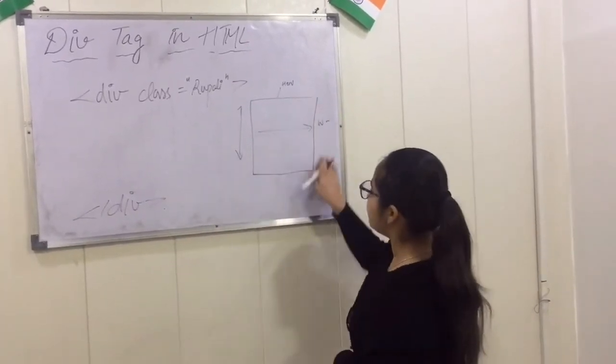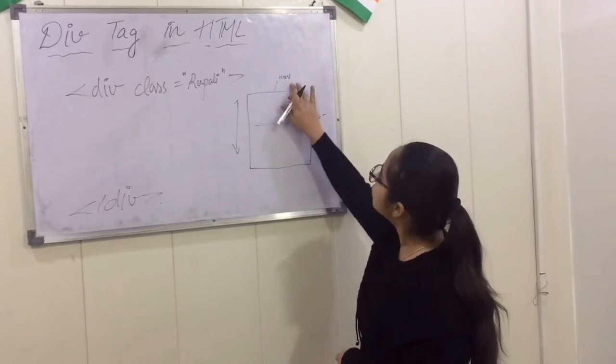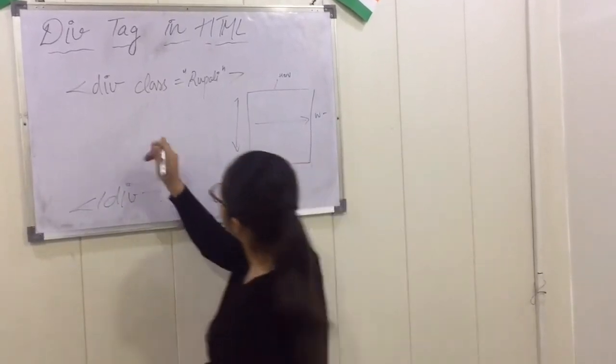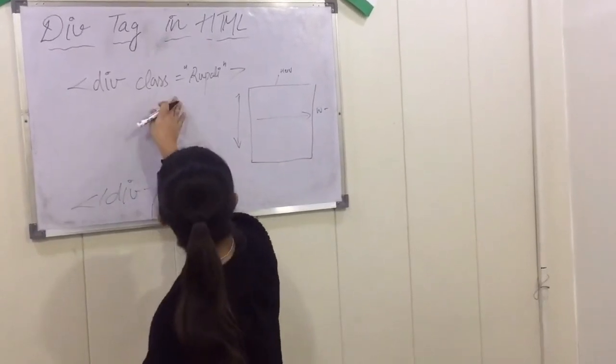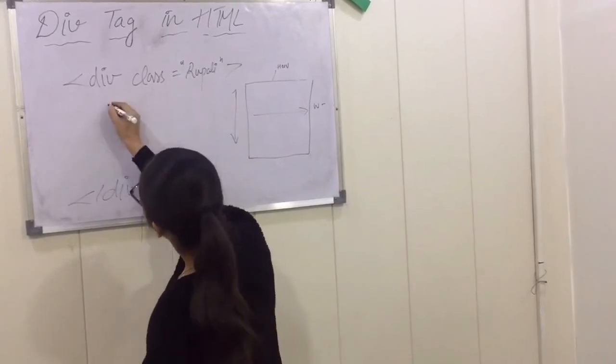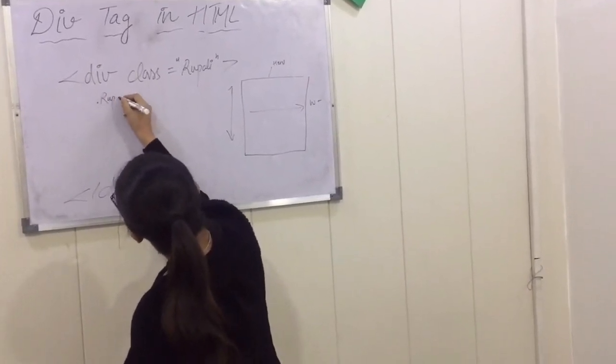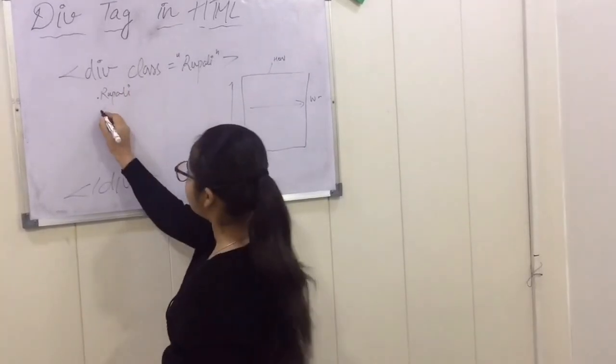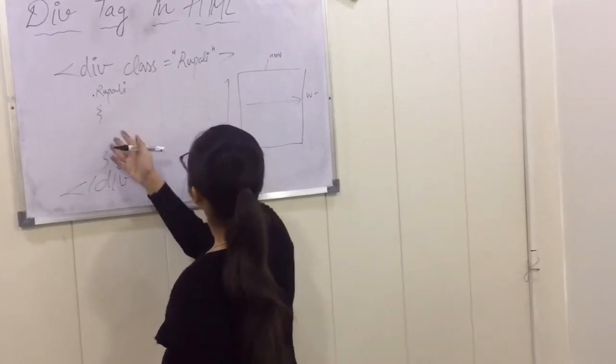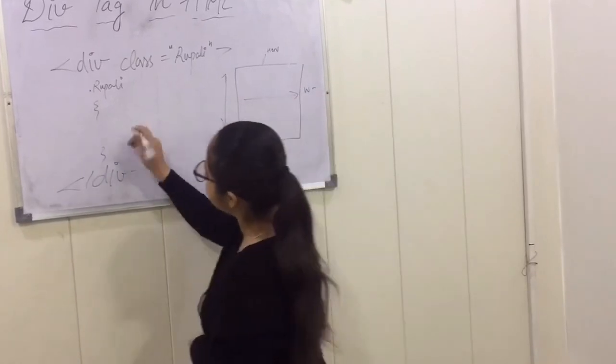So the div is made, and after that, to fix the height and width, we call the class Rupali, followed by curly braces, in which we can give the height and width.